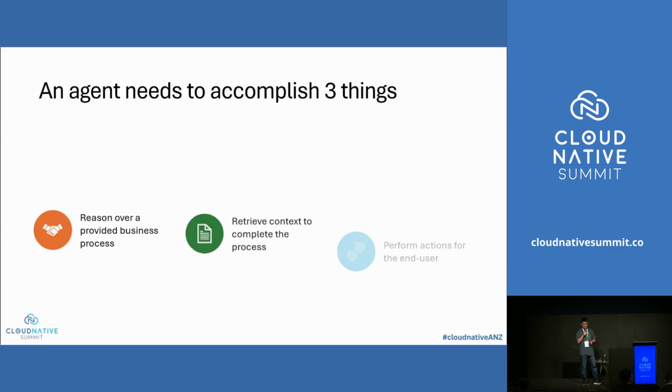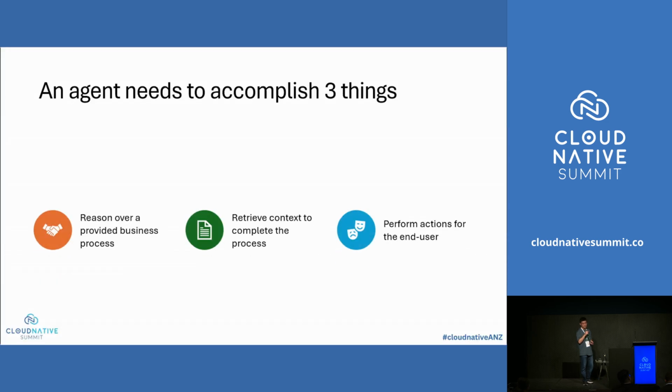In short, agents should accomplish three things. First, the agent should understand your business logic, your business process. You provide the instructions to describe what it should do, right? Define its behavior. And also it should be able to retrieve information from external databases, just like we introduced RAG, right?